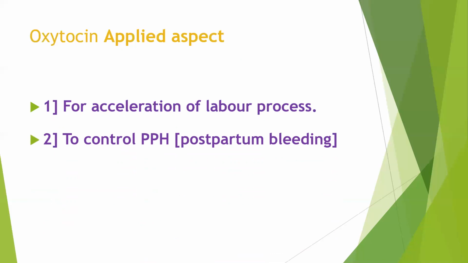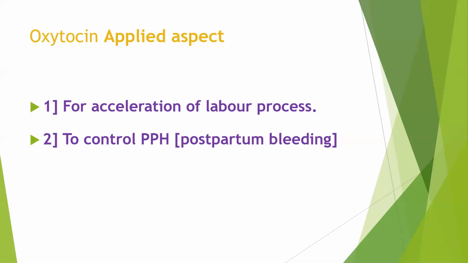Second, to control PPH. PPH means postpartum hemorrhage. After the delivery of the baby, normally the uterus is very relaxed, and if the uterus is in a relaxed state there is a lot of bleeding, because it was enlarged with the baby and suddenly, with the expulsion of the baby, the uterus is hugely sized.